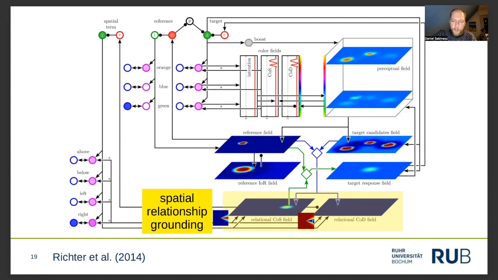This is achieved simply by providing the inverse spatial relation pattern. So the synaptic weight pattern is the inverse template of the actual one. And so that field will form a peak if, in this example, the target candidates are not to the right of the reference object.